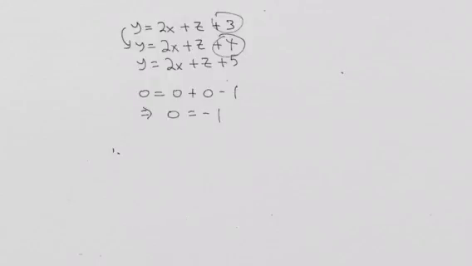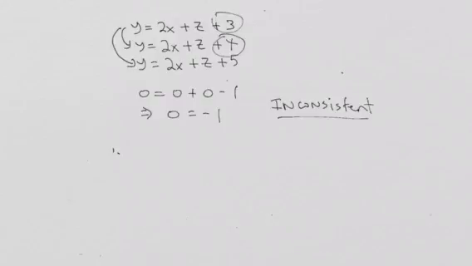Well, that's inconsistent, because 0 doesn't equal negative 1. Now I'm going to do the first and the... well, right now I know that it's an inconsistent system of equations, because 0 doesn't equal negative 1, so that's not consistent.